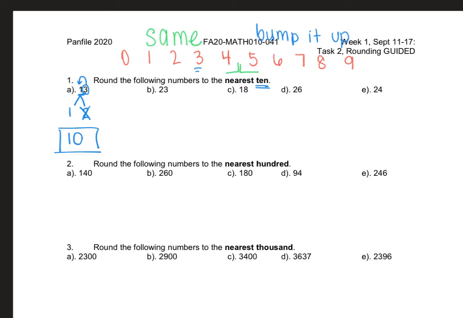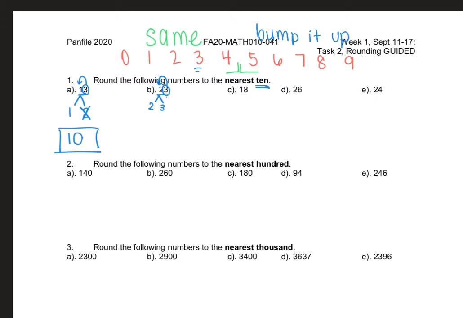Okay, so 23 is actually really similar. We're just 10 more. Since we're rounding to the nearest 10, again, the tens place is this 2, which means we're using this 3 to determine what to do with the 2. So again, our two options are stay the same at 2 or bump up to a 3.